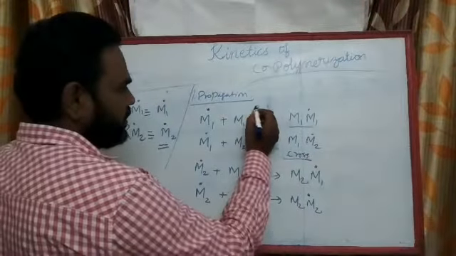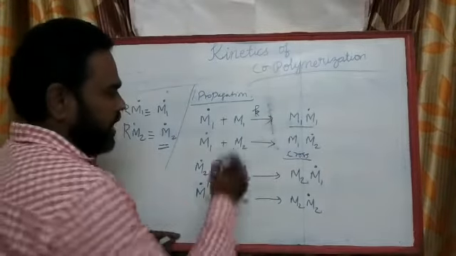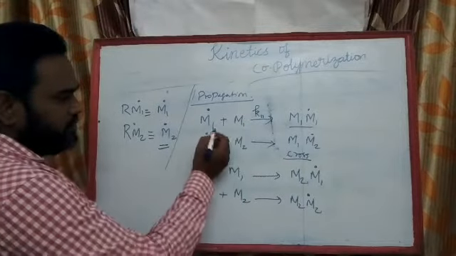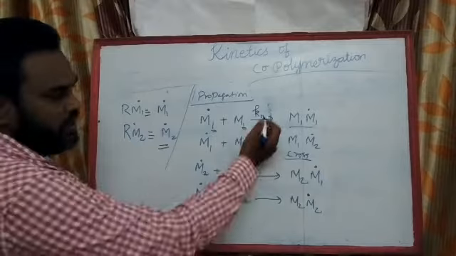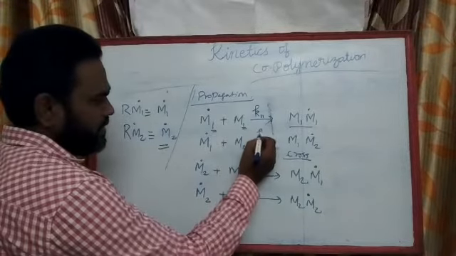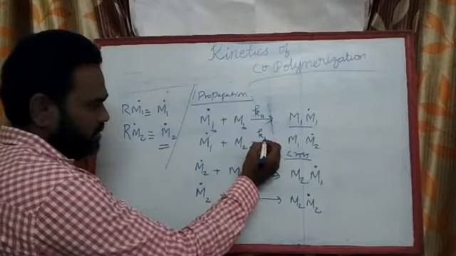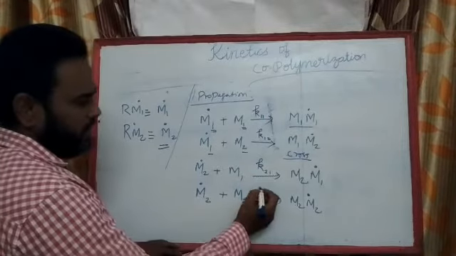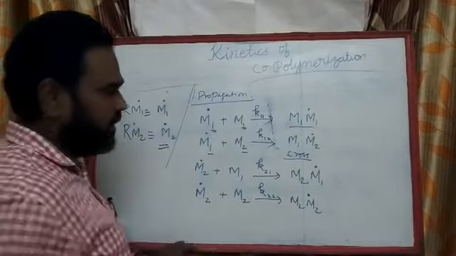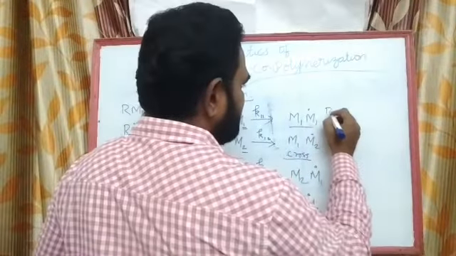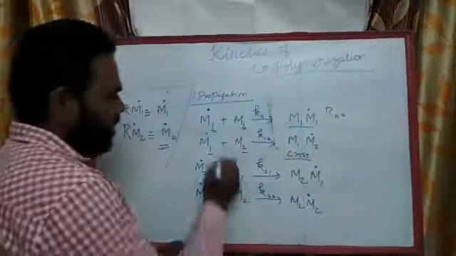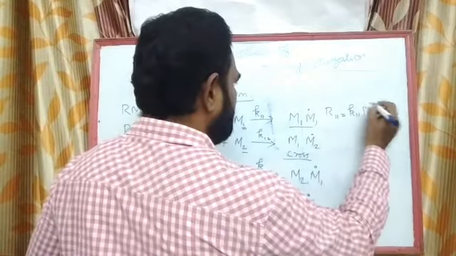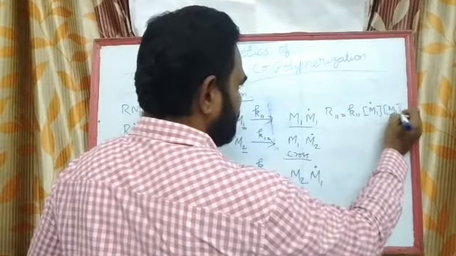I write this rate constant as K11, where K11 stands for the first monomer radical adding to the first monomer. Similarly, K12, K21, and K22. Then the rate of the reaction R11 is equal to K11 times the concentration of M1 dot times the concentration of M1.